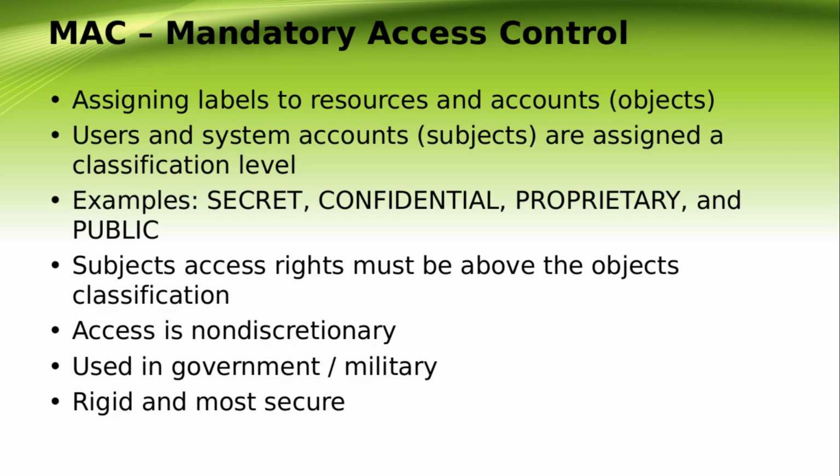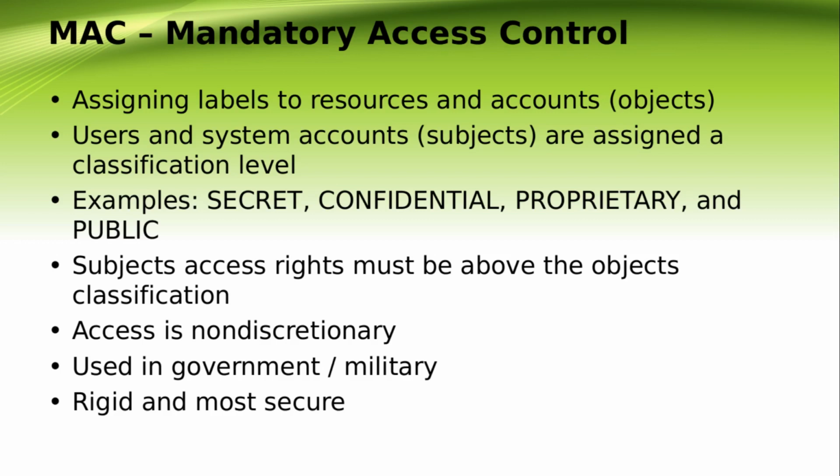This type of access control, called mandatory access control, also referred to as multi-level access control, is often used within government systems, where resources and access are granted based on categorical assignments such as classified, secret, or top secret.